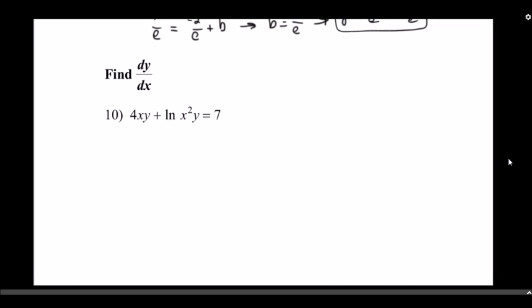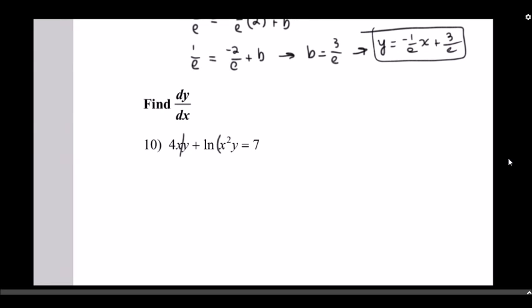So we do have to use implicit differentiation. We got a couple things here. We got a product, 4x times y. And we've got the natural log of a product, x squared times y, so we're going to have to expand that product first.